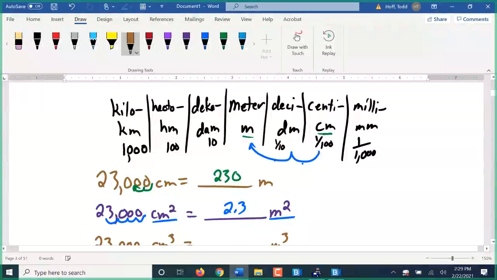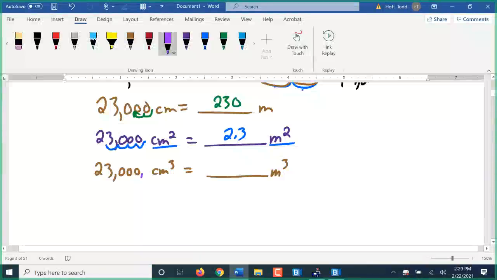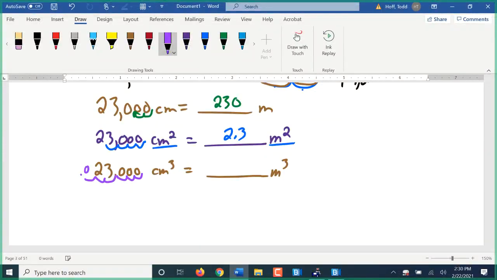So from centimeters to meters is still 2 spots on the chart, but each of those spots is 3 decimal places. So it's 6 places we have to go. You go 1, 2, 3, 4, 5, 6, that is 0.023 meters cubed.